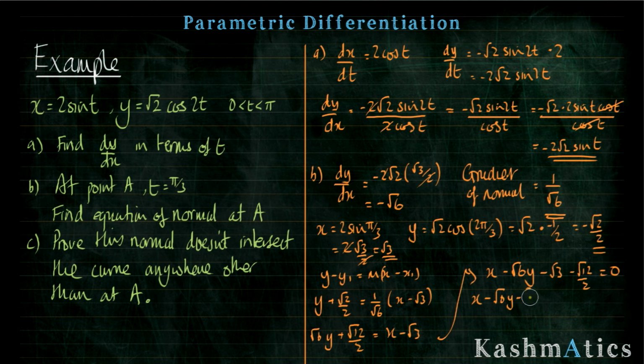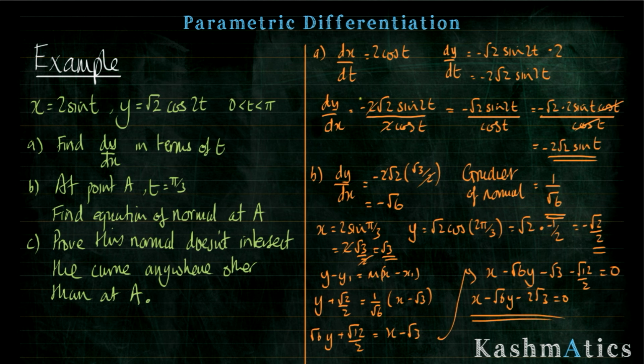Root 12 is the same as 2 root 3, so 2 root 3 over 2 is just root 3, so we've got root 3 take away another root 3, which is take away 2 root 3. Okay, so that is the equation of my normal.